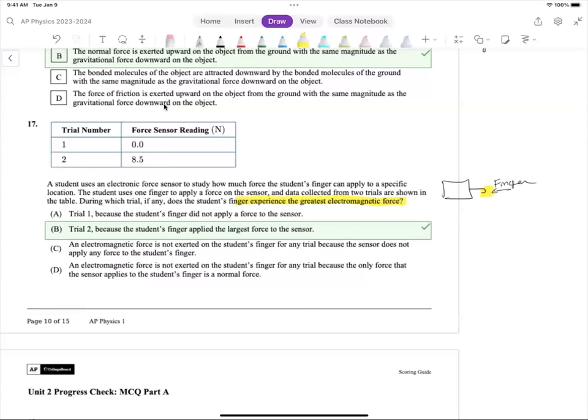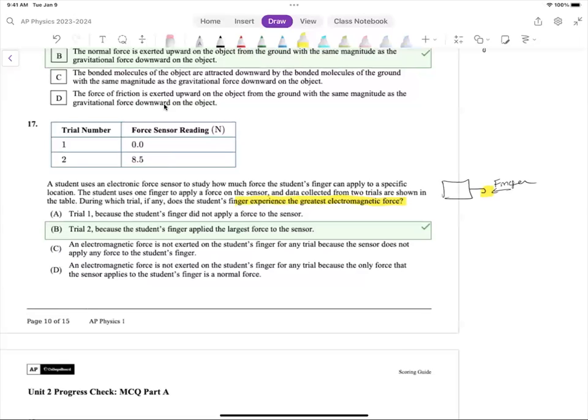If my finger touches that force sensor and I push, the force sensor pushes back on me. What is pushing back on me? A force normal. What is force normal from? The interaction of the molecules, between the electrons in the atoms of my finger and the atoms of that hook, and that is an electromagnetic force.